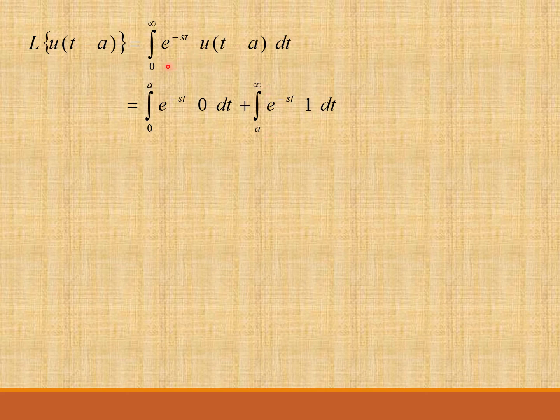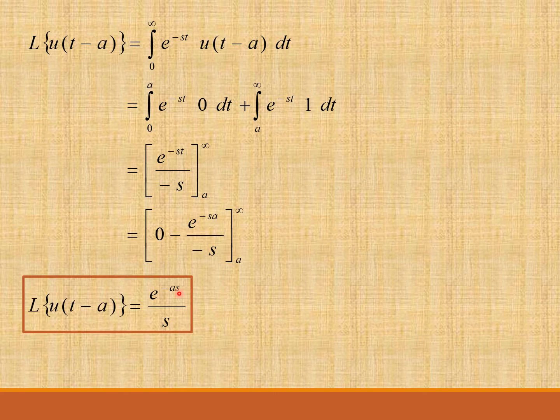So just break the interval 0 to infinity into two intervals, one from 0 to a and another from a to infinity, integrate the function e raised to power minus st and substitute the upper and lower limits. We get the Laplace transform of u of t minus a equal to e raised to power minus as upon s.